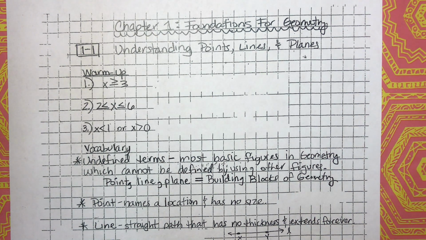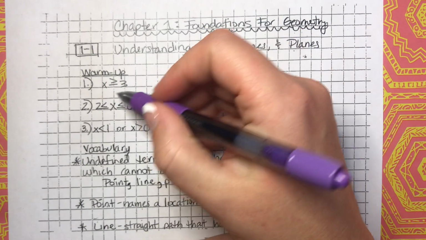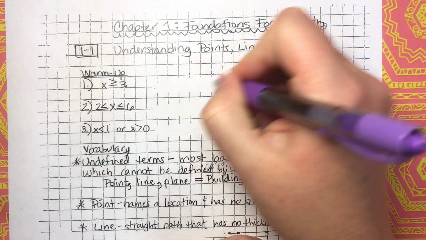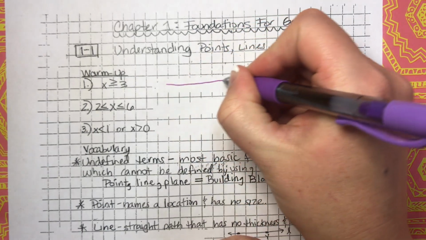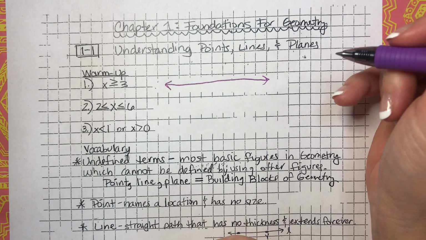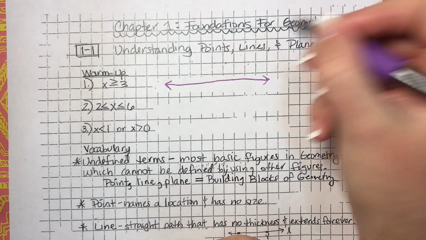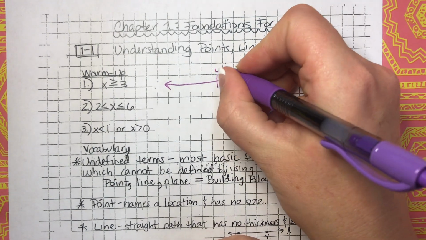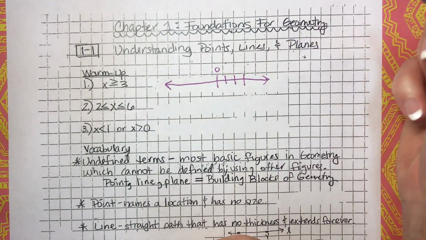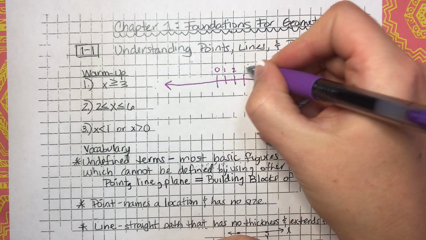All right, let's go ahead and see how you did. So for this warm-up, x is greater than or equal to 3. Let's go ahead and graph it. So to graph it, we're going to make a number line. Ooh, I wish that number line was a little straighter, but that's okay. We'll go with it. I'm going to put 0 here and 3. So 1, 2, 3.